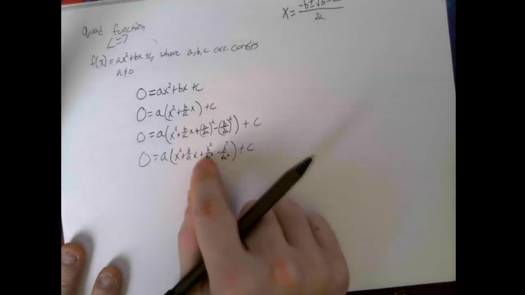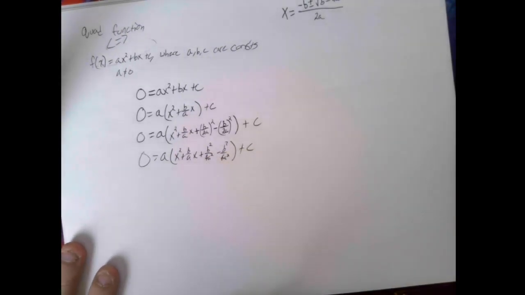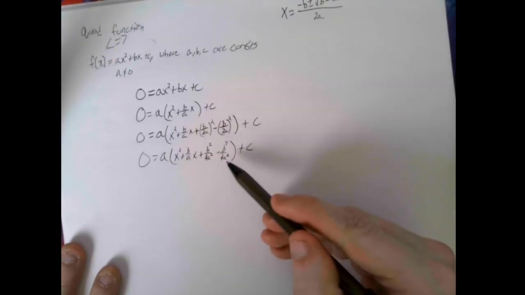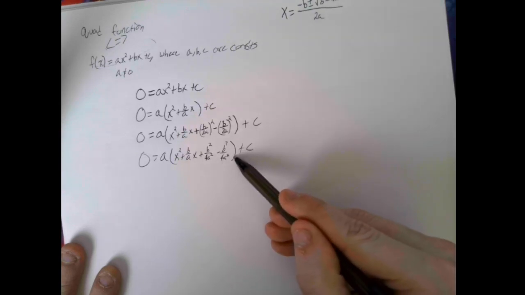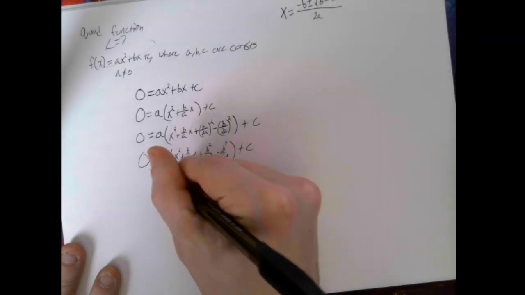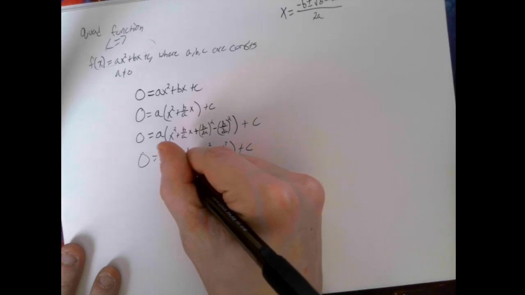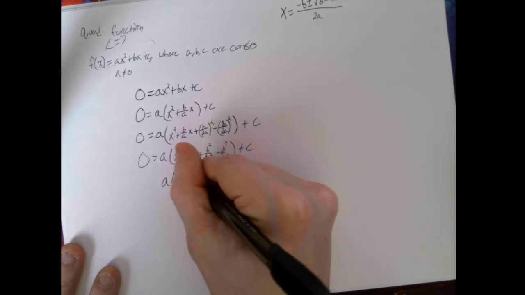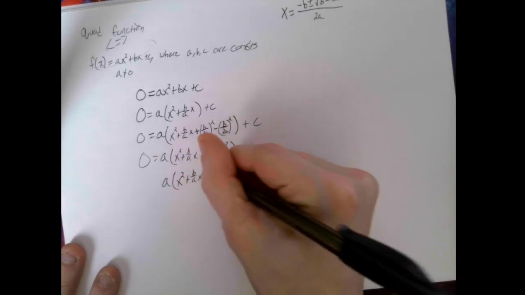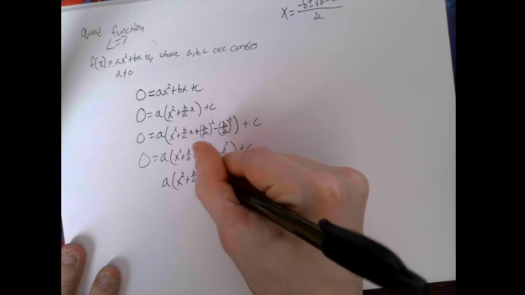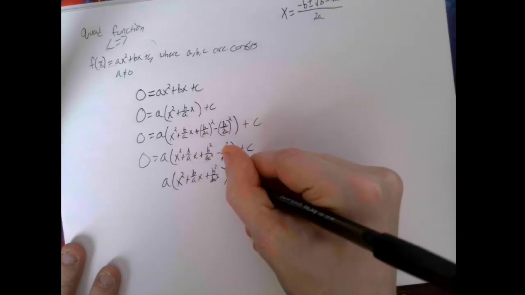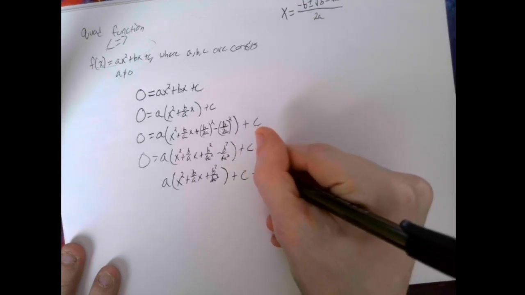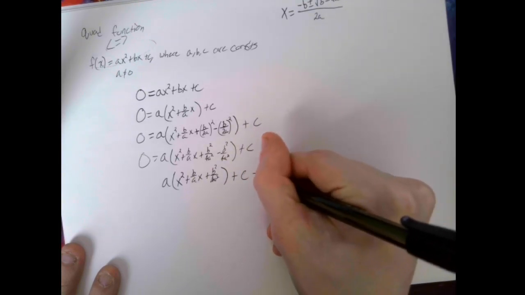We'd have two things here, and that's not quadratic. So we're going to take this out of here, right? So we're going to say a times x squared plus b over a x plus b squared over 4a squared plus c minus b squared over 4a squared.